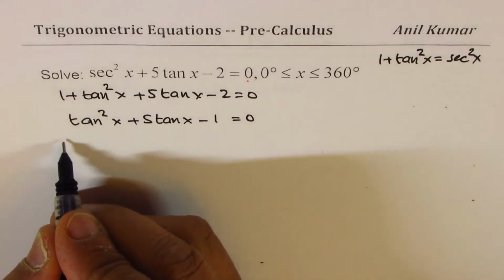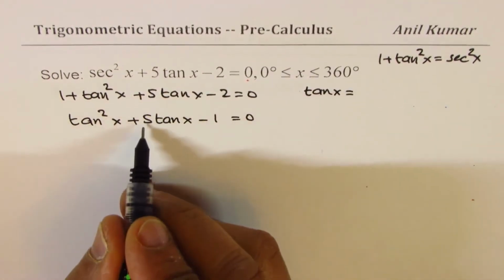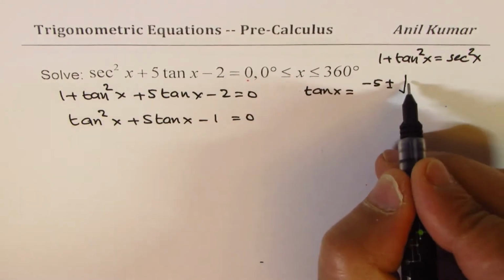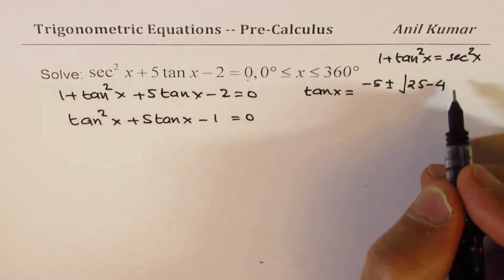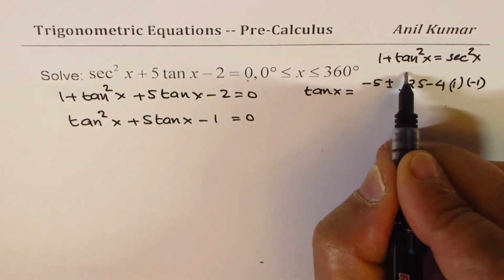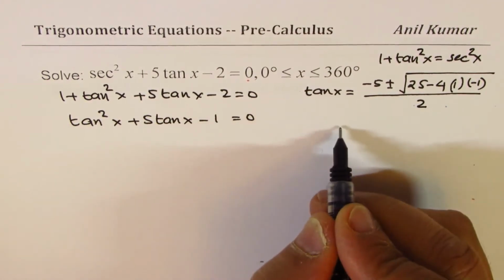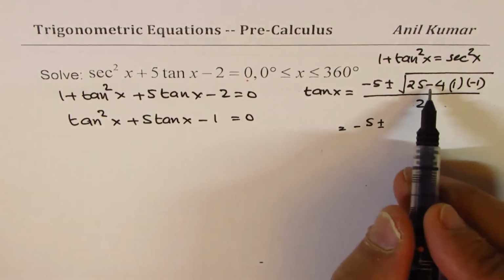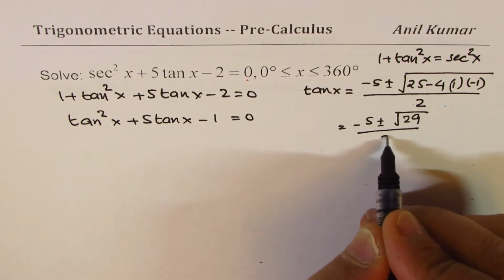So we can say tan x is equal to minus b, which is minus 5, plus or minus the square root of b square, which is 25, minus 4 times ac. So a is 1 and c is minus 1, divided by twice a, which is 2. So we get minus 5 plus or minus the square root of 29 over 2.